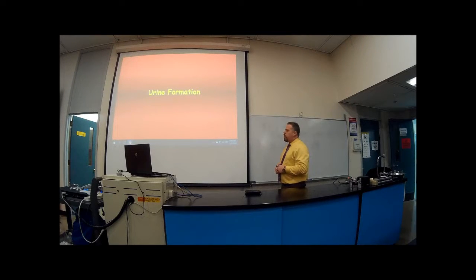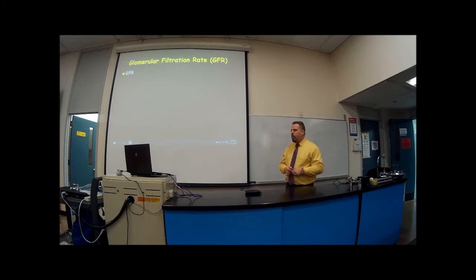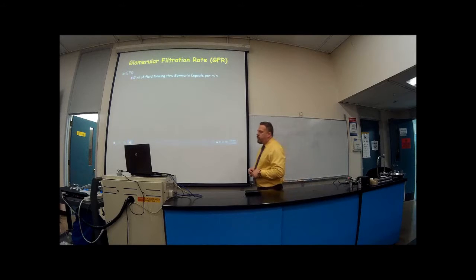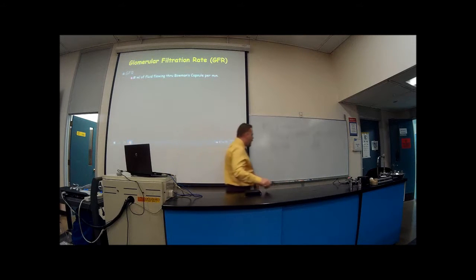Urine formation deals with something called the glomerular filtration rate, or the GFR. What a GFR is, is the number of milliliters of fluid flowing through Bowman's capsule. So again, a very simplistic view of a nephron.